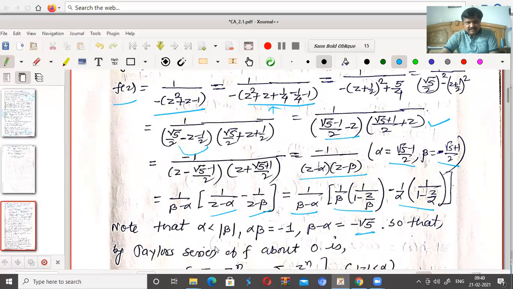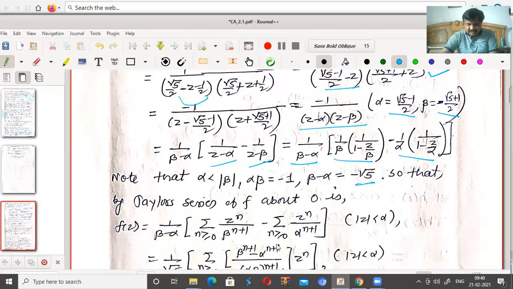Therefore, the Taylor series of f about origin is f of z equal to 1 upon beta minus alpha into summation n greater than or equal to 0 z raised to n upon beta raised to n plus 1, isn't it?